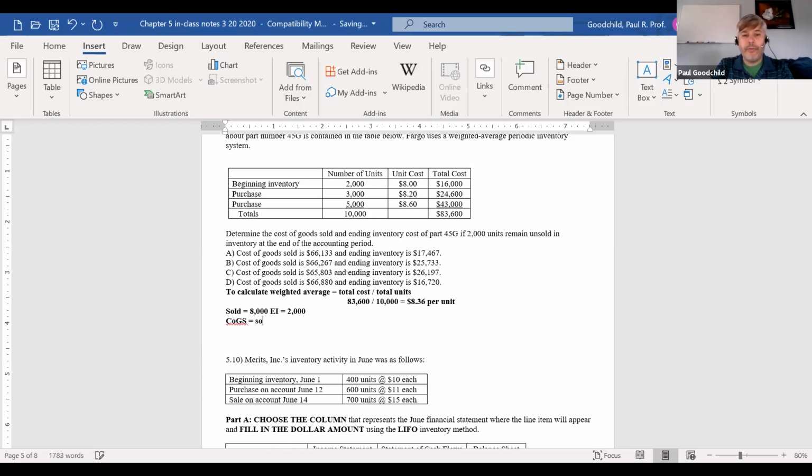And so our cost of goods sold equals the sold figure times the weighted average cost per unit.